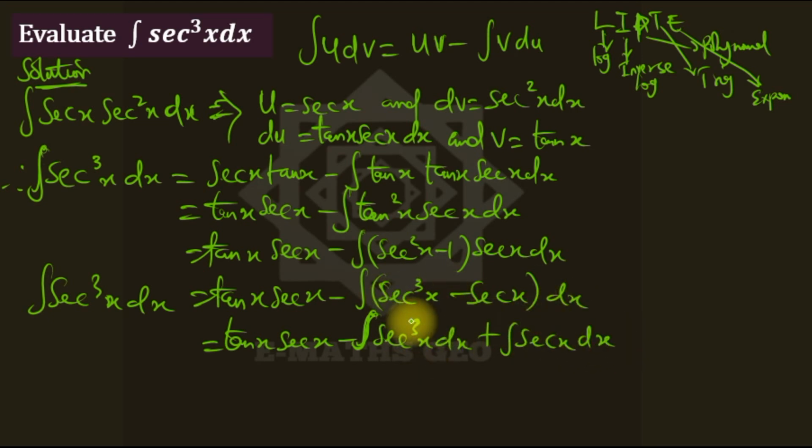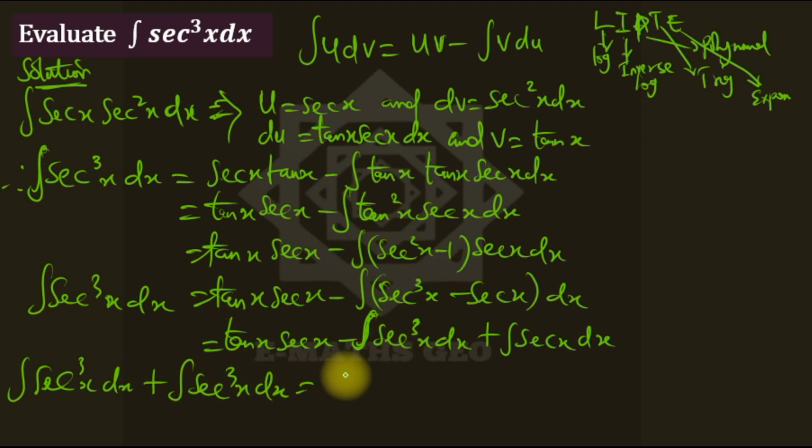They are the same, we are correct. Why do we do this? Because I have sec cube x here and sec cube x there, we make it the subject of the formula. So this comes over here: this is the integral of sec cube x dx, the first one, and this is that same integral of sec cube x dx.